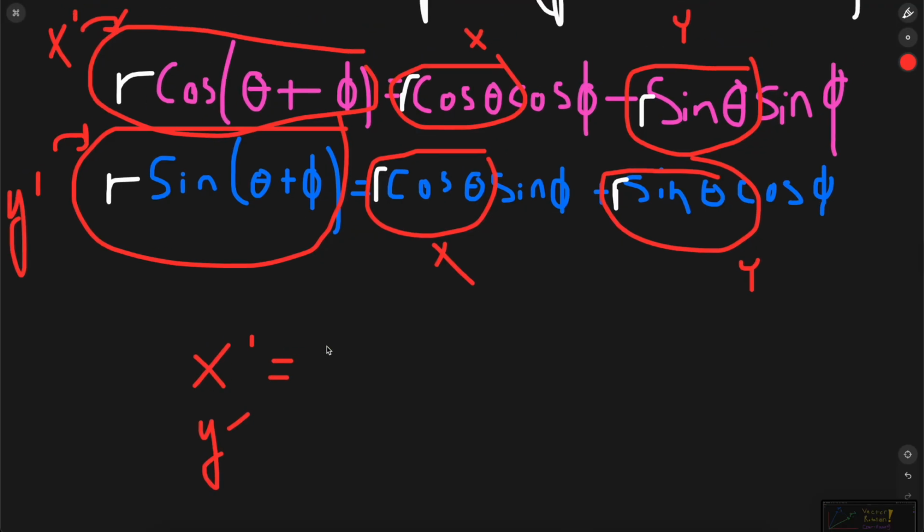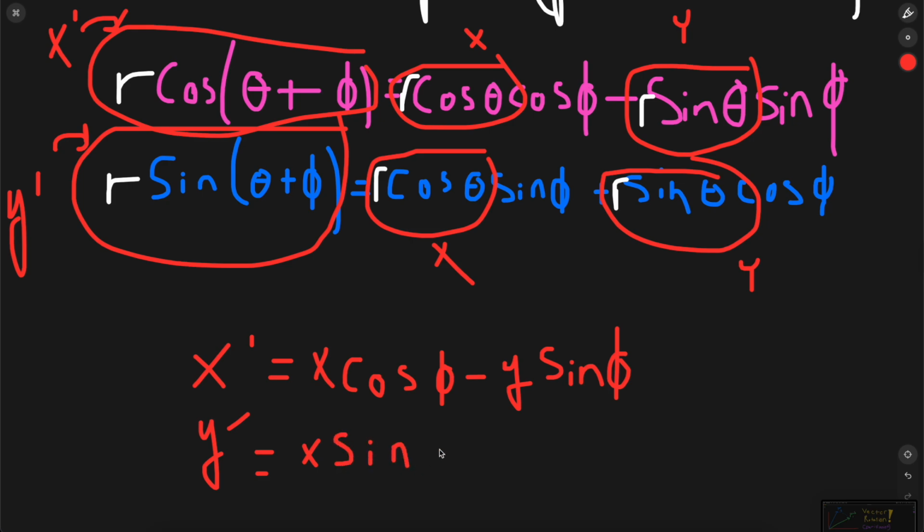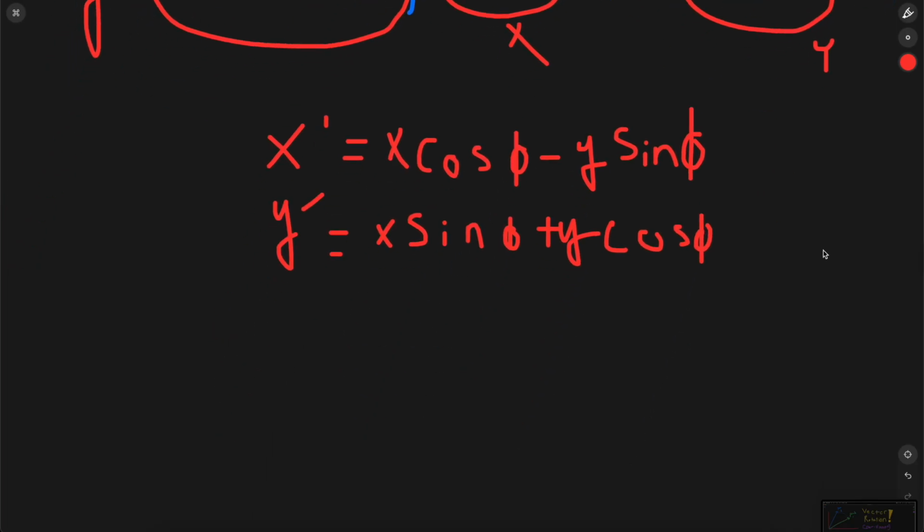So x prime is really just x times cosine of phi minus y sine of phi, and this is x sine of phi, and this is plus y cosine of phi. Now this is cool, guys. This is amazing.